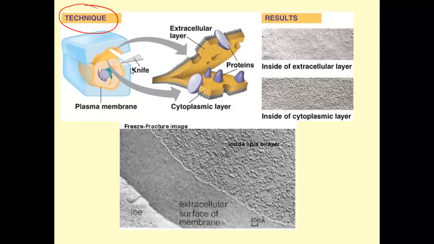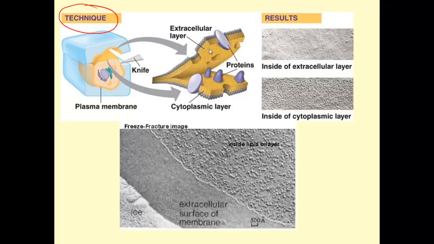It will shatter to an extent at random, but we can get rather beautiful patterns given off by it, and we can use that as evidence for the structure of cell membranes. Here we have a model of what we think might have happened when we do this. Let's say the knife happened to cut in just at the gap between the two layers of the phospholipid bilayer.